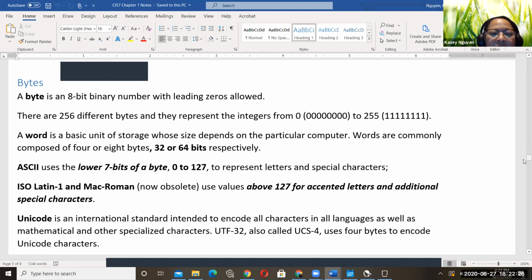We talked about how sometimes the calculator would shrink it and disregard the 0s, but usually you include the 0s in the front to represent the 8 bits. Then you have 256 different bytes that represent the integers from 0 to 255. So for the digit 0 in the byte, we would have all 0s here, and for 255, we would have all 1s here.